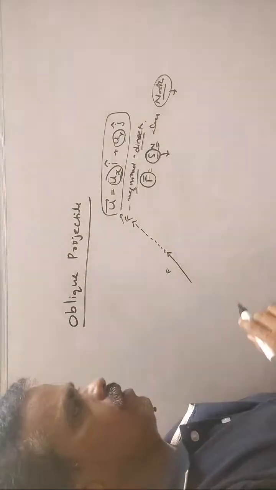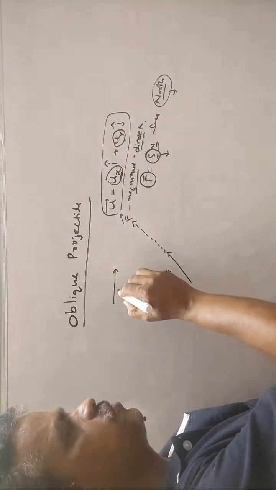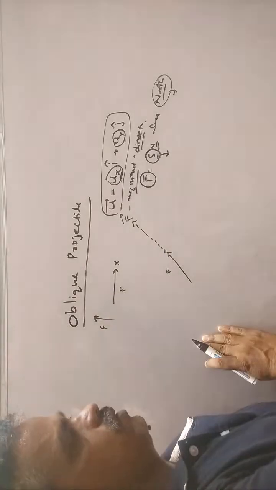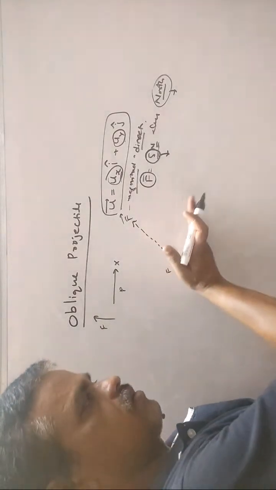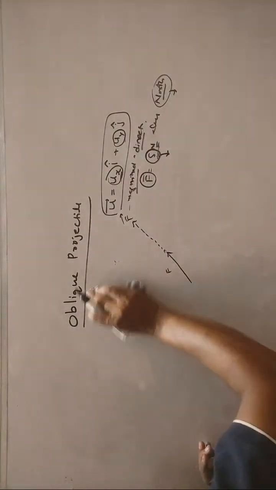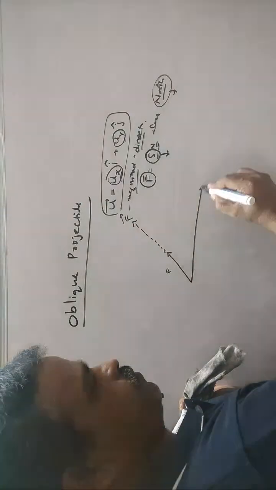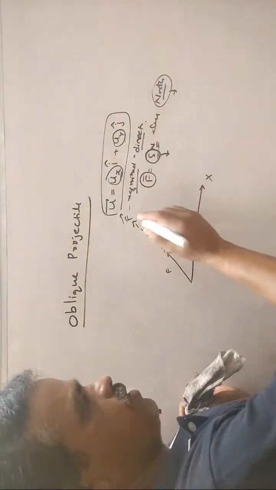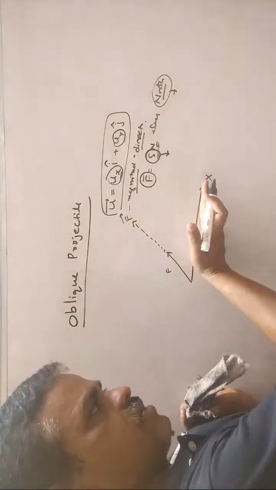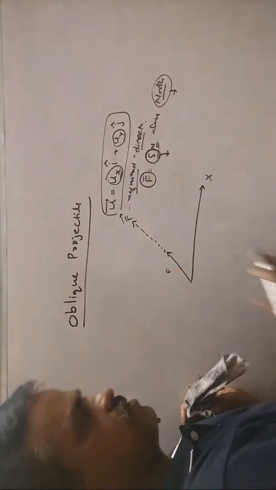In the last class I explained a force along the x-axis and a force along the y-axis. But this force is not along the x-axis and not along the y-axis. So, the component of force along the x-axis: actually the force is acting in this direction. What is the projection of vector f on the x-axis?